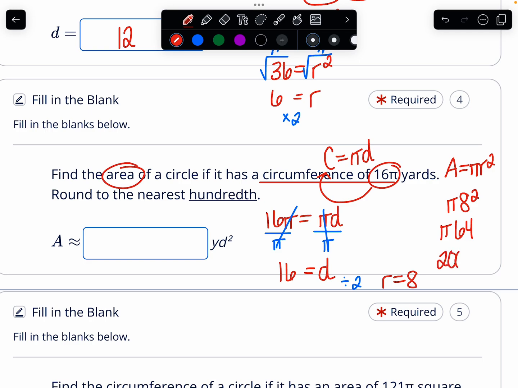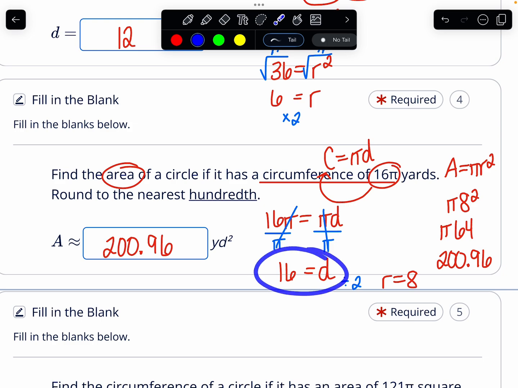Of course, we're using 3.14, but you can use the pi button if you'd like to. And that's going to give us 200.96 yards squared. So do what we did in the first problem, which is work backwards to find your diameter. Divide it by 2 to find your radius, and then plug in your radius to find your area.